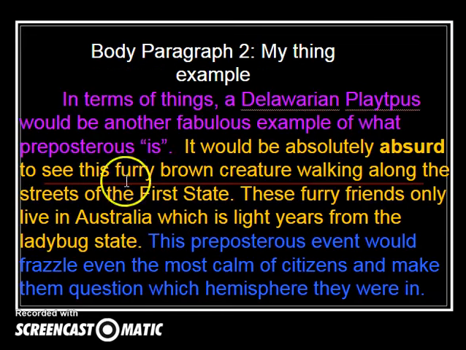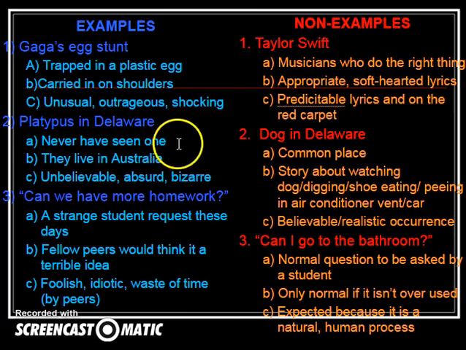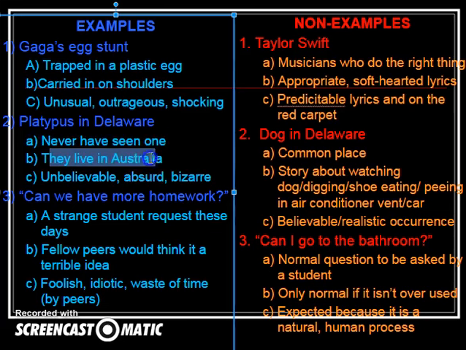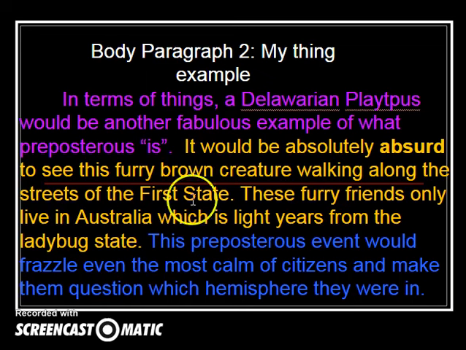If I look at number 2, in terms of things, a Delawarean platypus would be another fabulous example of what preposterous is. That's my topic sentence. Then I'm going to talk about my 2 ideas here: that I've never seen one and they live in Australia. It would be absolutely absurd to see this furry brown creature walking along the streets of the first state.